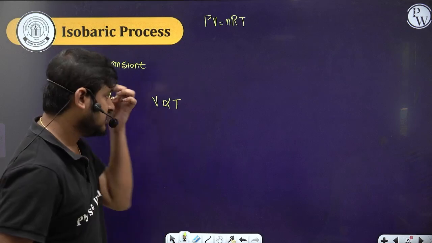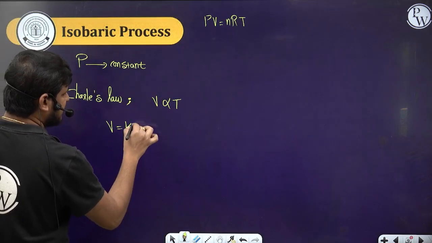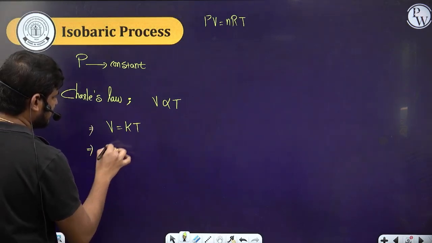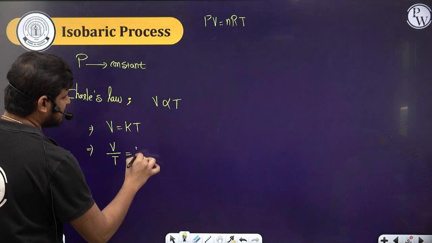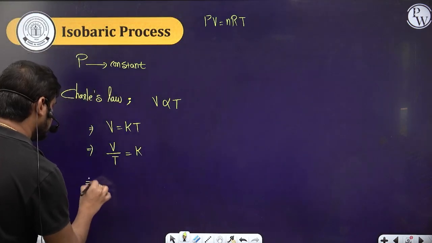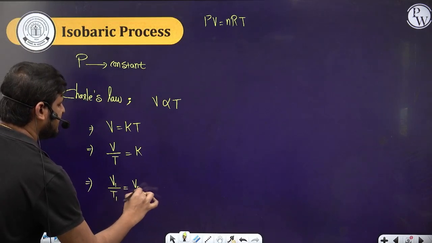So I can write V is equal to some constant into T. So V by T is equal to K. And then V1 by T1 is equal to V2 by T2.